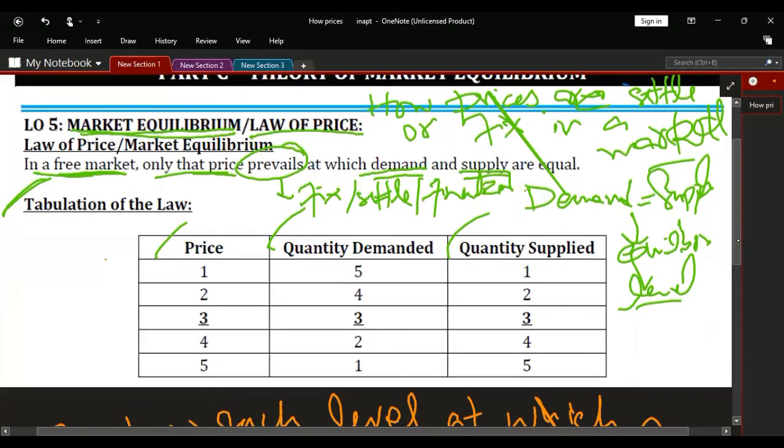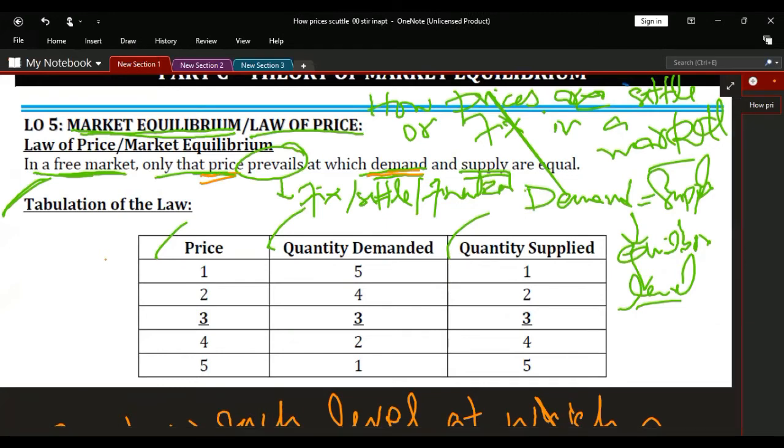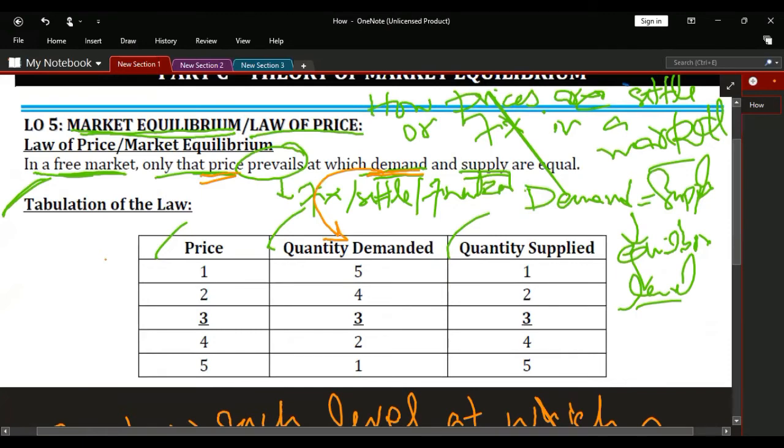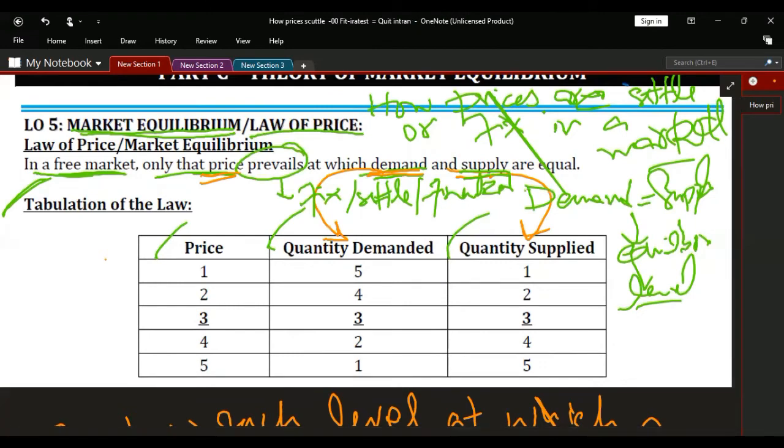As the change has been made due to the change in prices, therefore this is not only demand, it will be called quantity demanded in place of only demand, and such supply is also called quantity supplied. So it is the point or level at which quantity demanded is equal to quantity supplied.